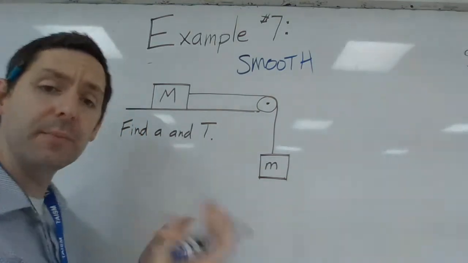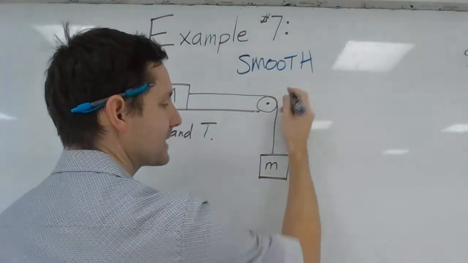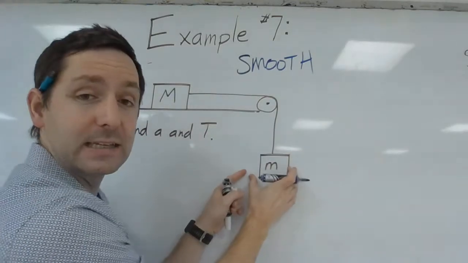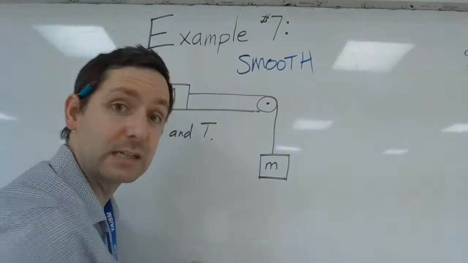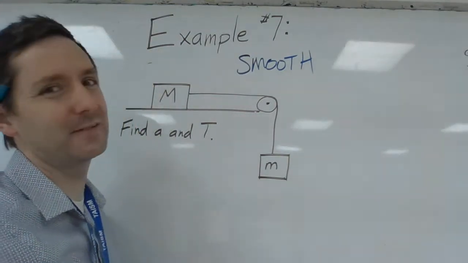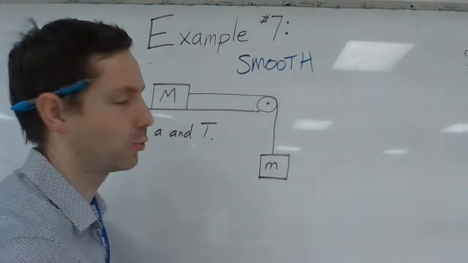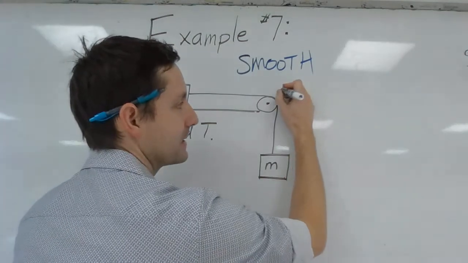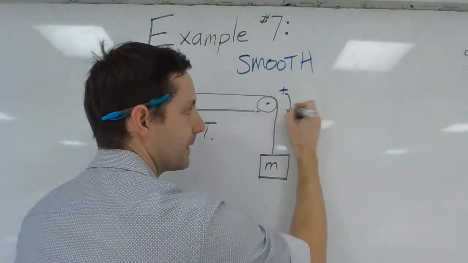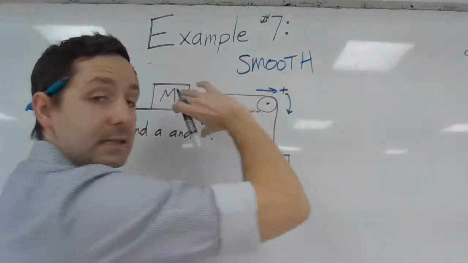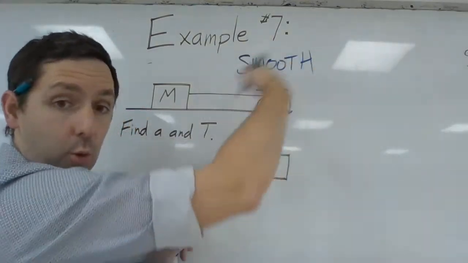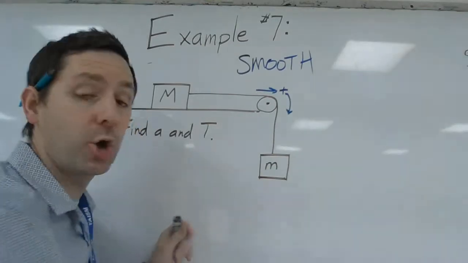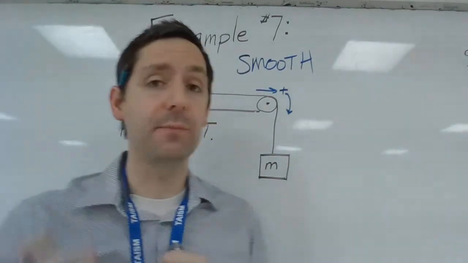All right, so let me demonstrate. In this case, I know that because of the mass here, it's probably going to drop. So I'm going to define that as positive because I like positive. Positive numbers make me happy. It just makes it easier to work with. So I'm going to say positive is anything that causes my pulley to rotate in this direction, clockwise. I could have just as easily defined positive being the other direction.